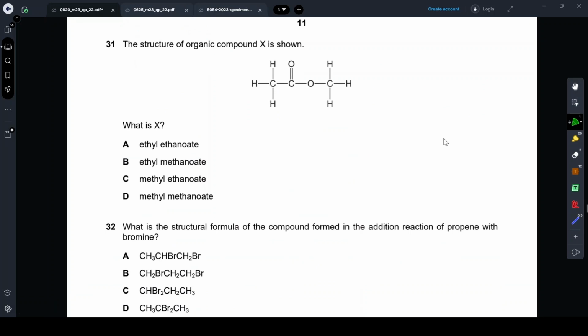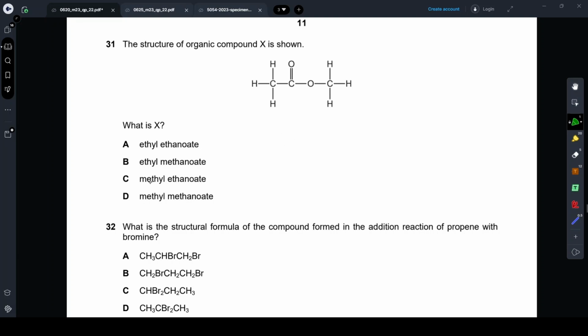Okay, the structure of organic compound X is shown. What is X? C. Methyl is 1 or 2? So you're going with C. What about you, Sobia? Same.